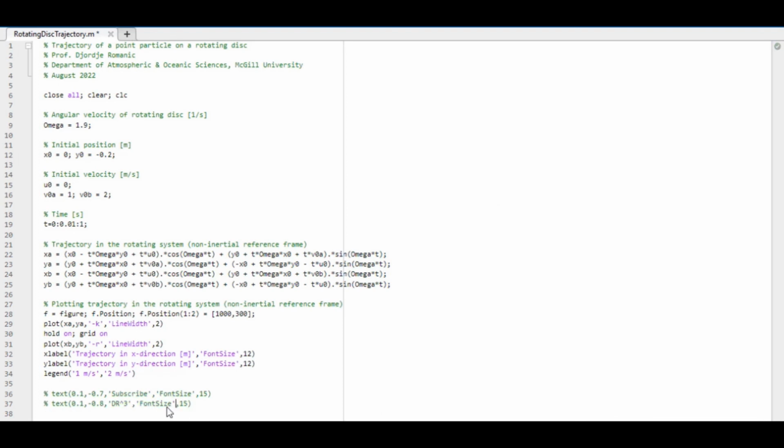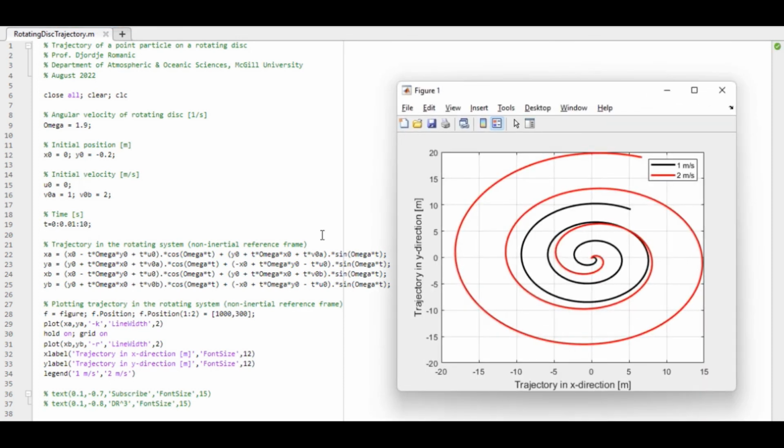If we now investigate the motion of this particle over a time period of 10 seconds, you will still see the spiral, but notice that the red spiral is way wider and the particle advances far more radially from the initial position than in the case of the black line, once again because the black line has lower velocity and therefore Coriolis force has stronger influence on the motion of this particle.